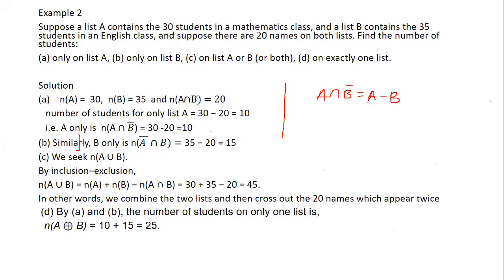So we have 30 for A, 35 for B, and 20 for both math and English. So 30 plus 35 minus 20 gives 45. In all, they were 45 on the list.